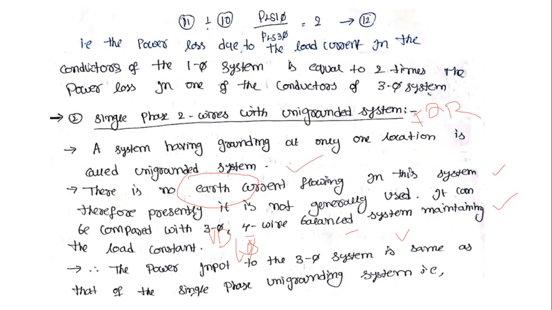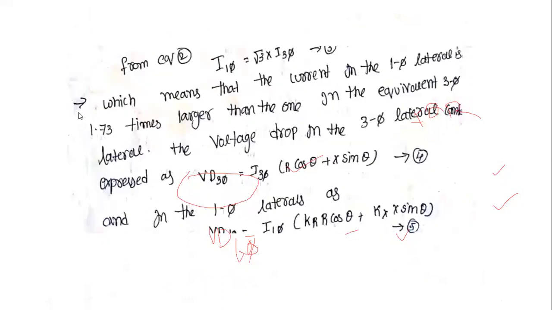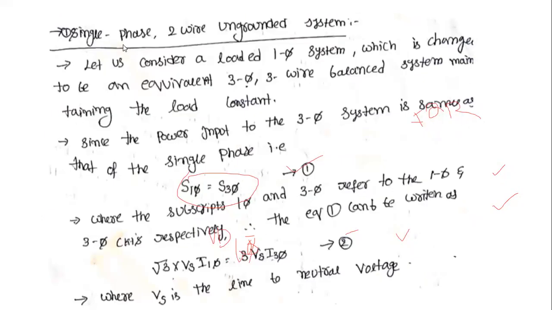The power loss due to the load current in the conductor of a single phase system is equal to 2 into the power loss for the three phase system. Therefore, power loss single phase is equal to 2 into power loss three phase. This is the power loss and voltage drop calculation for a single phase two-wire underground system.